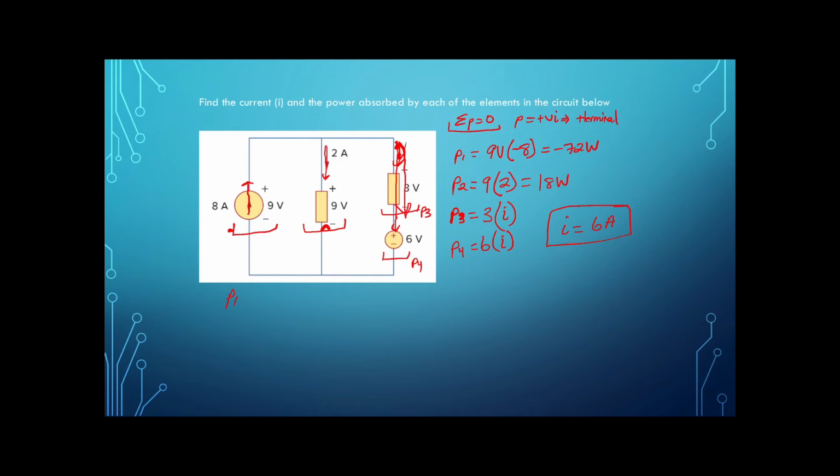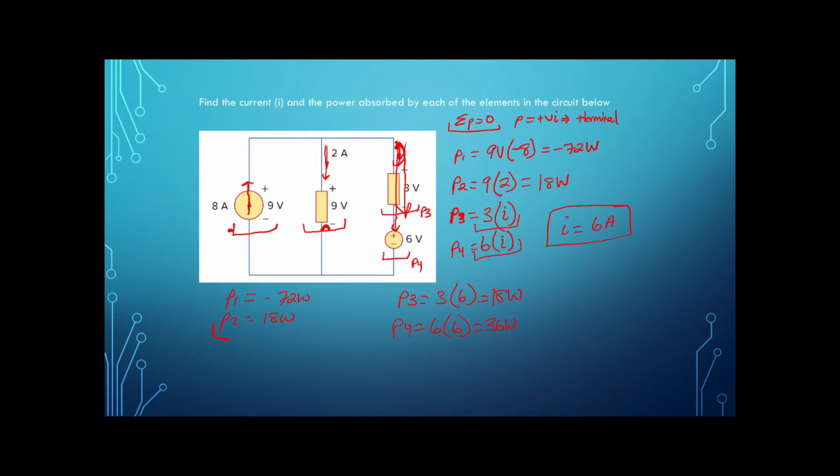So just to rewrite, P1 is equal to negative 72 watts, P2 is equal to 18 watts, P3 is equal to 3 times I, and the value we found for I is 6 amps, which is 18 watts. P4 is equal to 6 times the current, and the value we found for I is 6, so that gives us 36 watts.